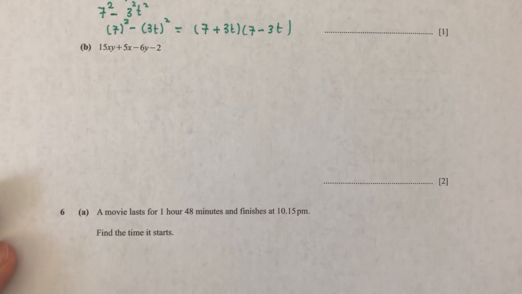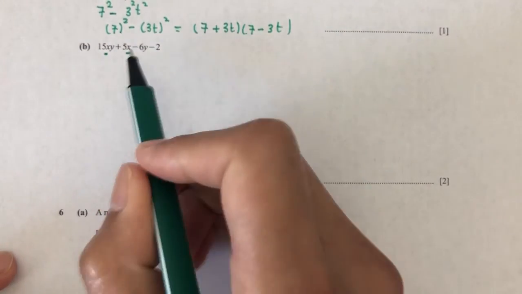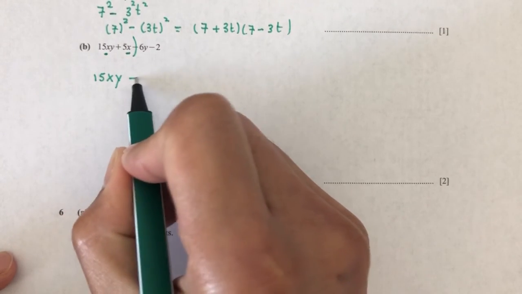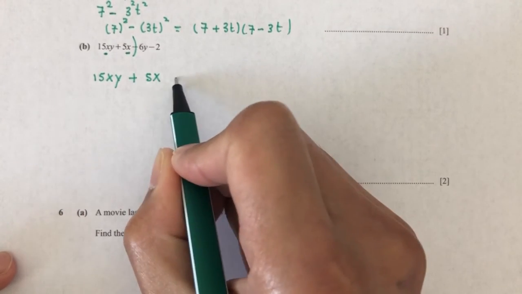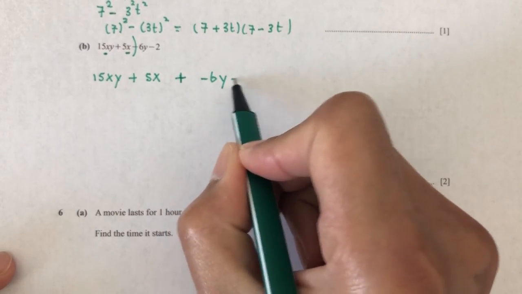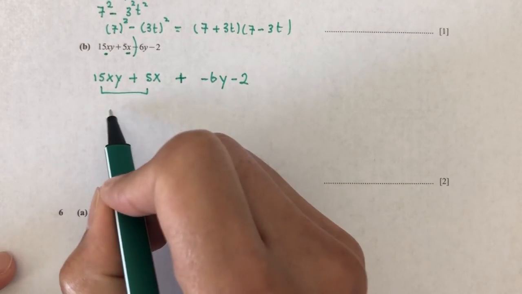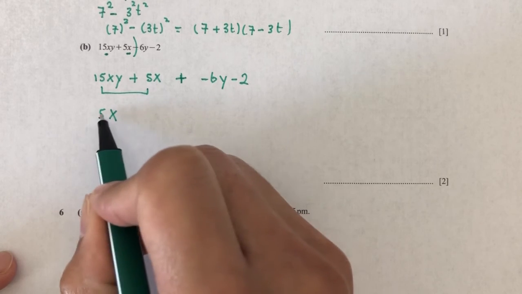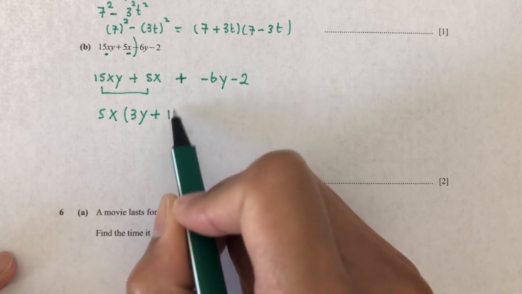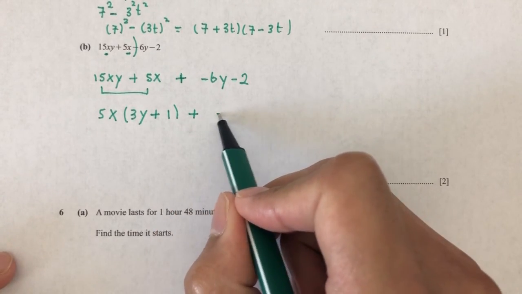Now part B, you observe that we have x here and we have x here. So let's put those two terms on one side. We have 15xy plus 5x, plus the remaining, minus 6y minus 2. What is common in the first two terms? We have x common and 5 common. So we take out 5x, with 3y plus 1 remaining. Now, what is common in the other two? Minus is common and 2 is common.